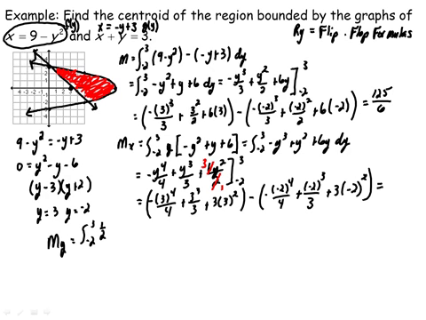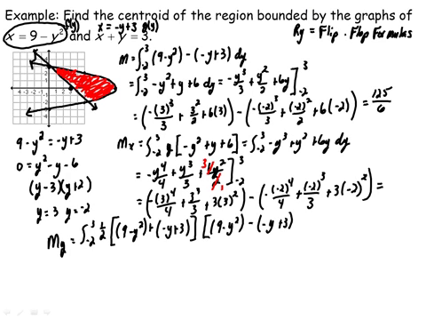But we're going to have 1/2 times, and you're going to do the f of y plus g of y, and then f of y minus g of y. All right, so that's the setup for m sub y.